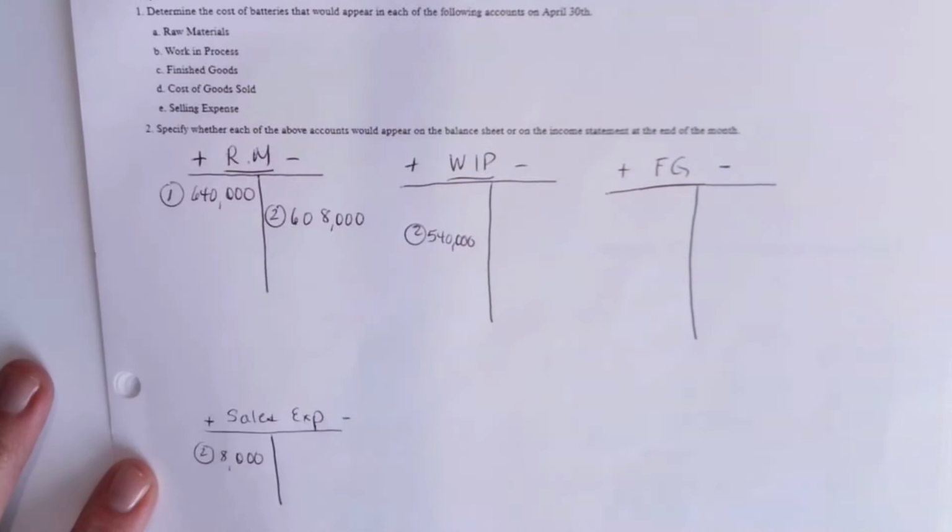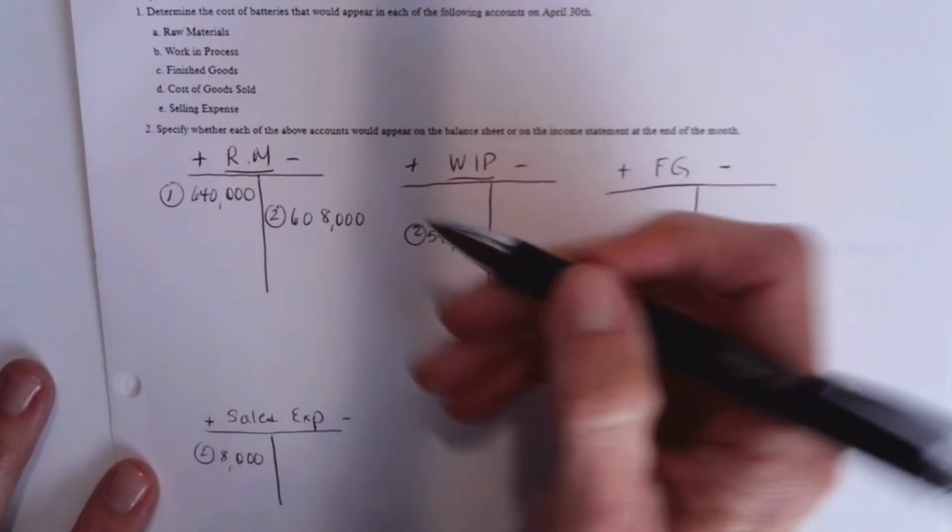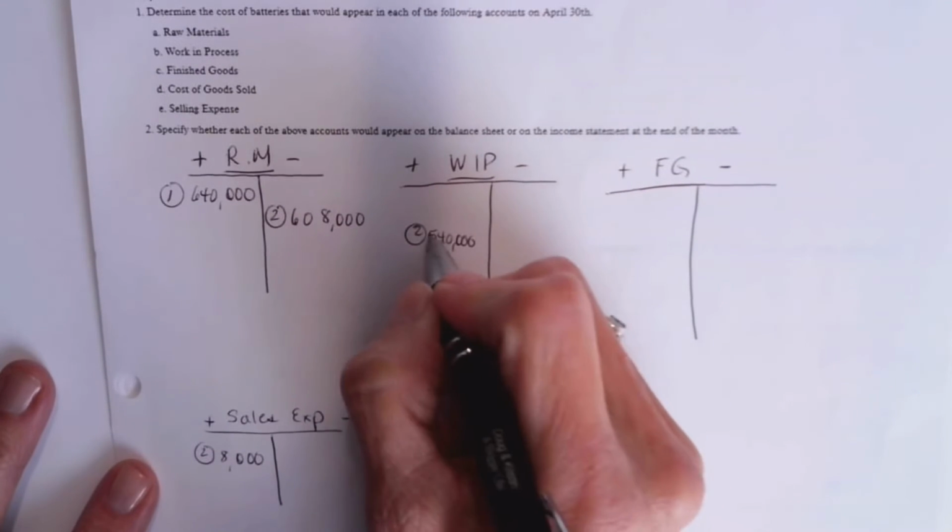Is my math wrong here? I can't see. 608, 8. Oh, this should be 600,000, right? Yep, sorry.